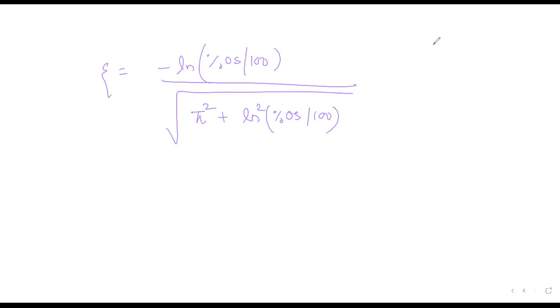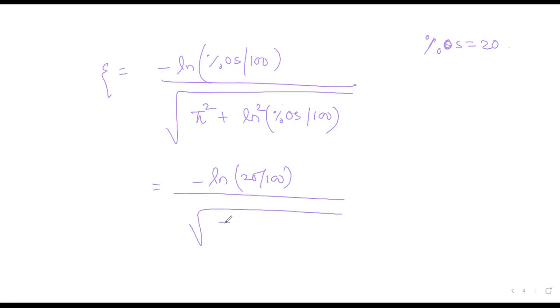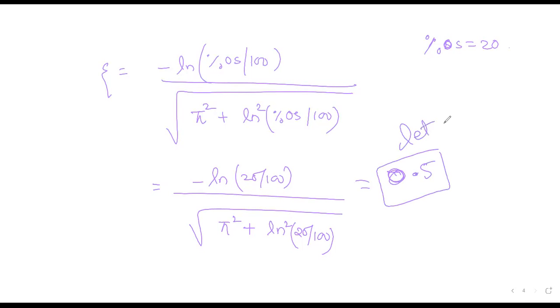Now you have been given percentage OS is 20. So just put the values here: minus ln of 20 by 100 upon under root pi square plus ln square of 20 by 100. Let me get my calculator, just a second.